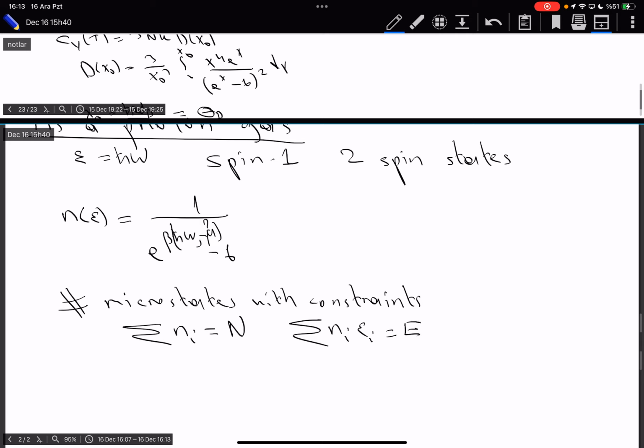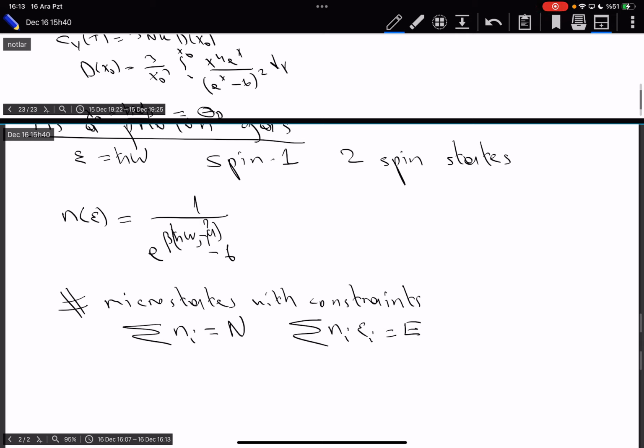So this was the problem. We divided our states into different cells, and we just exchanged the particles within the cell. We had all these combinatoric factors, and from that we recovered the Bose-Einstein and Fermi-Dirac distributions.